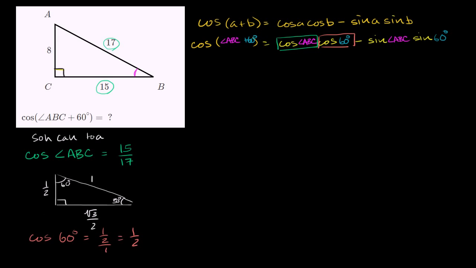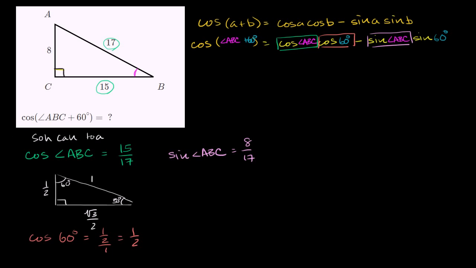Now let's think about the sine of angle ABC. So that's this one right over here. So we have our triangle right here. Sine is opposite over hypotenuse. So opposite has length 8 over hypotenuse is 17. So it's equal to 8 over 17.